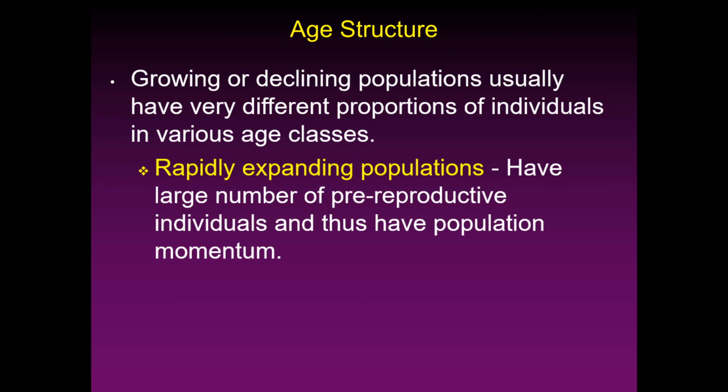It means you're going to have more of your individuals in the pre-reproductive chunk, compared to the reproductive and post-reproductive. As they age up into the reproductive age, again, population momentum, you're going to have a lot of individuals capable of having children, which means even if you just have replacement, you still have population growth because that chart is starting to shift upwards. The diagrams will show a very, very large base.